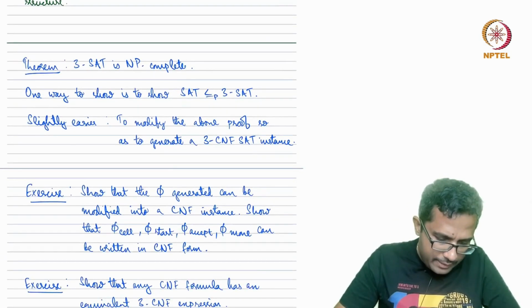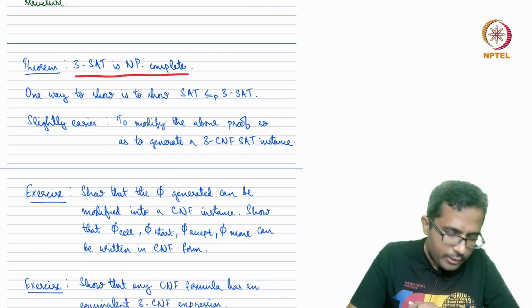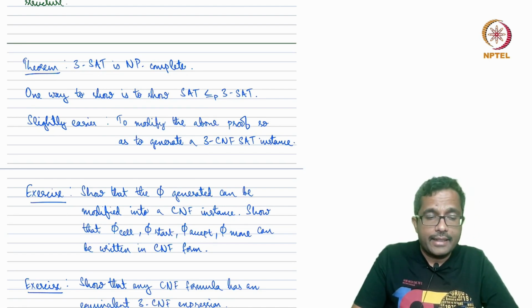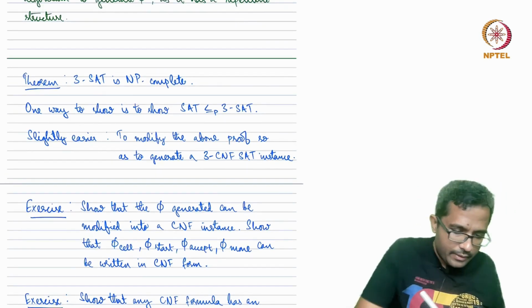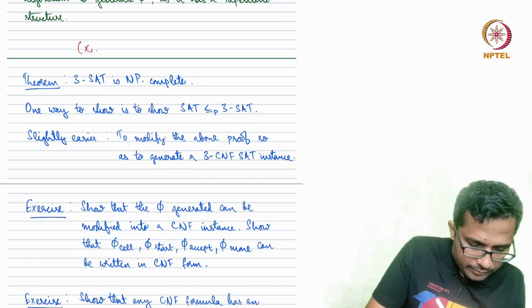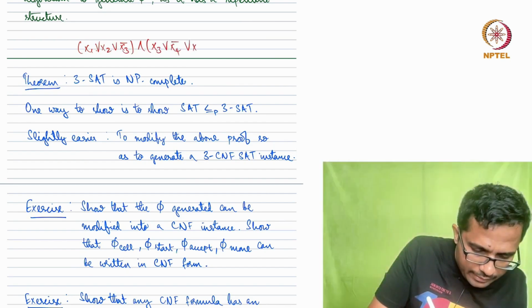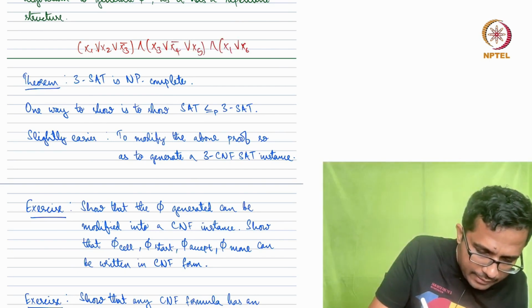So I'll conclude this lecture with a couple more things. First thing is that 3SAT is NP complete. So what is 3SAT? 3SAT is the set of all Boolean formulas that are in 3CNF form and are satisfiable. 3CNF means things like this: something like (x1 or x2 or x3 complement) and (x3 or x4 complement or x5) and, I don't know, (x1 or x6 or x6 complement), something like this.